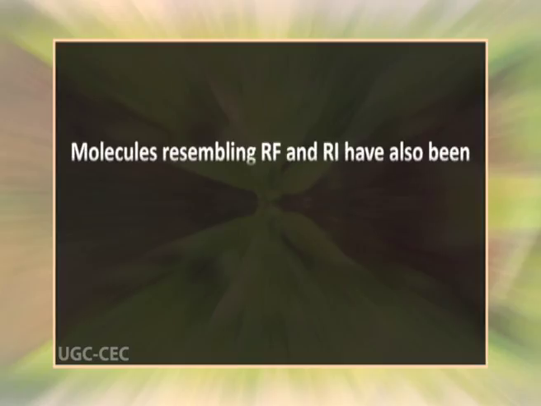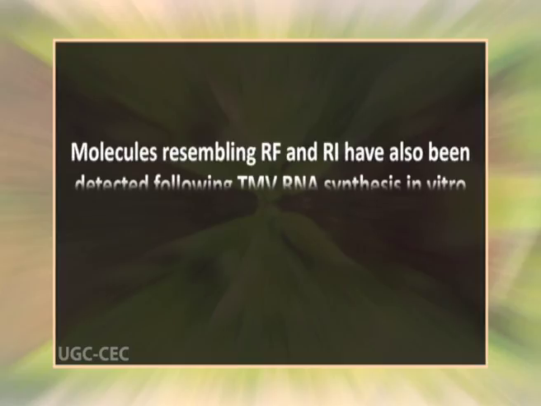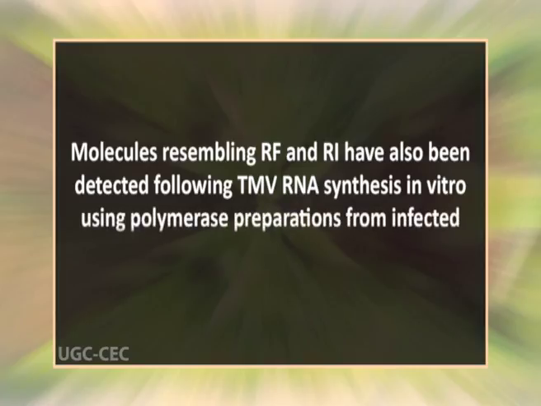Molecules resembling Rf and Ri have also been detected following tobacco mosaic virus RNA synthesis in vitro using polymerase preparations from infected plants or protoplasts.